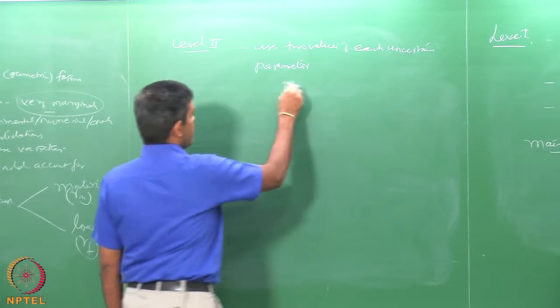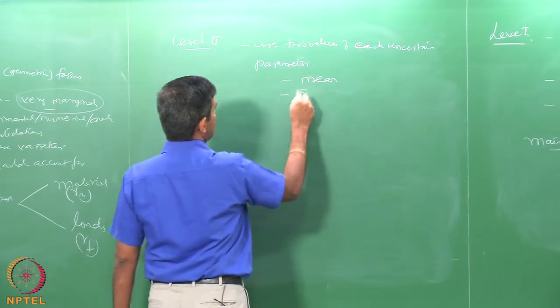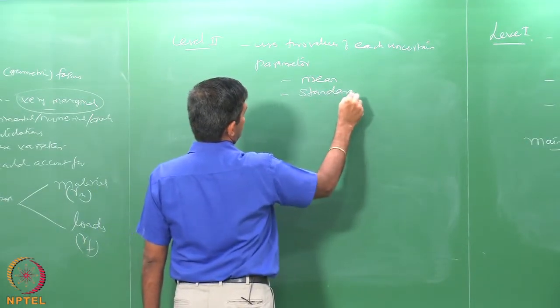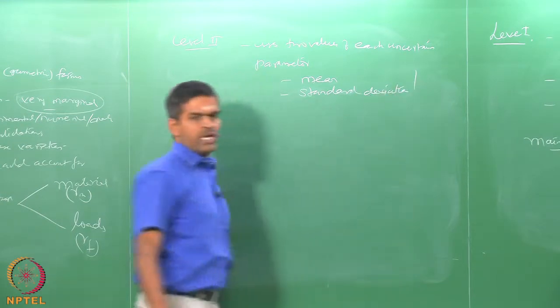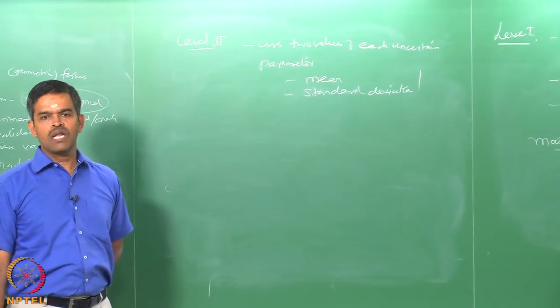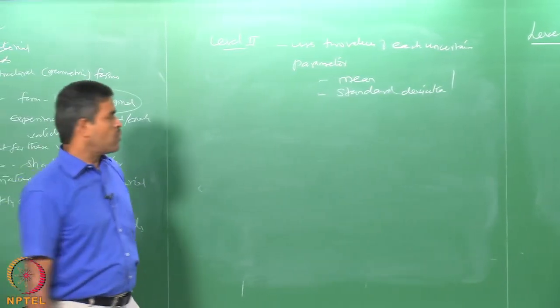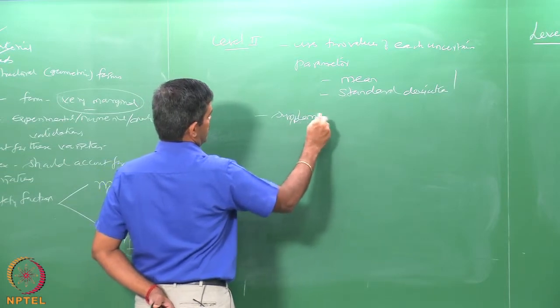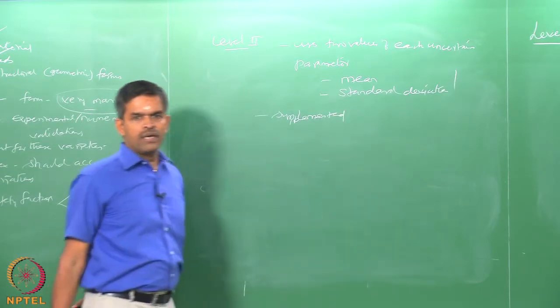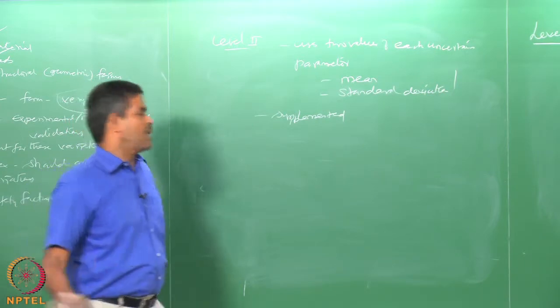What are they? Mean and standard deviation. For every parameter, these two data are used to model the reliability problem. Of course, they will also be supplemented by the correlation between the parameters.